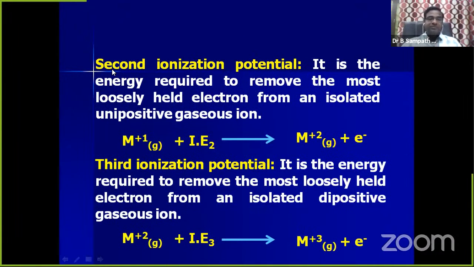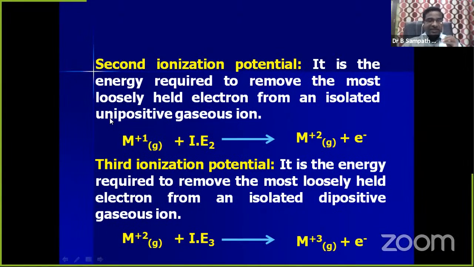Dear children, the second ionization potential is defined as the energy required to remove the most loosely held electron from an isolated unipositive gaseous ion.